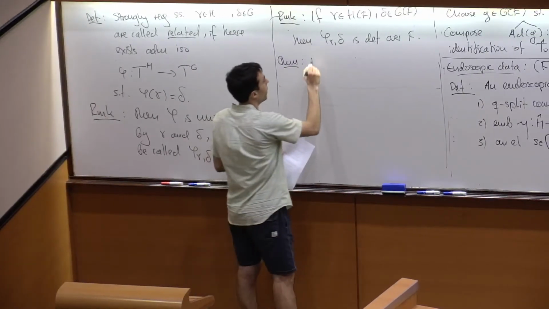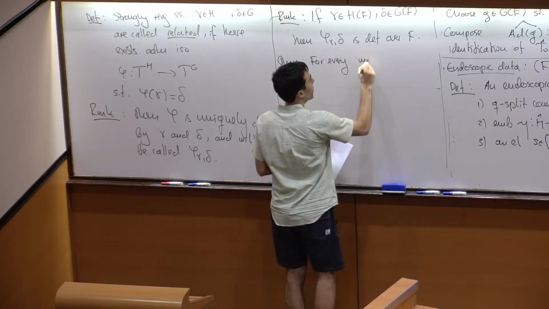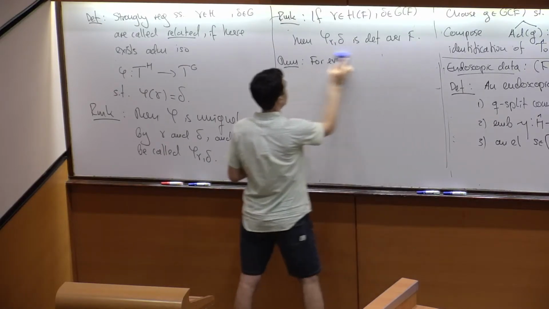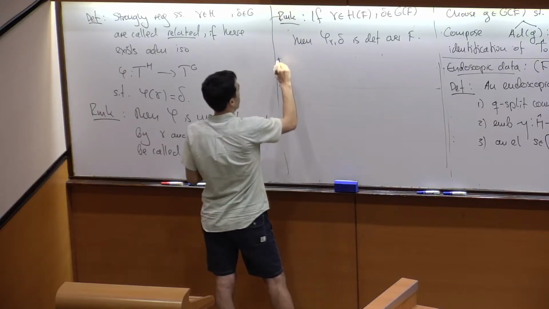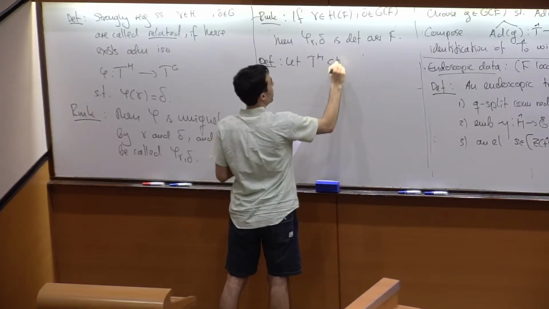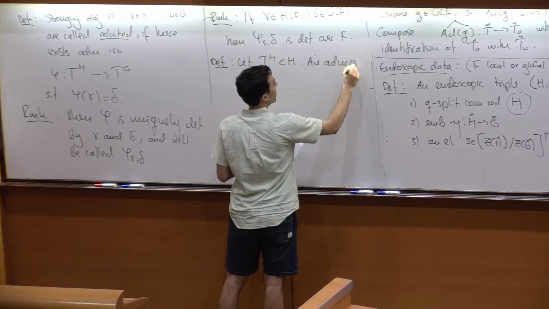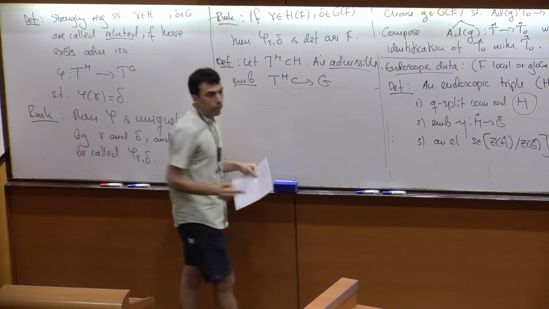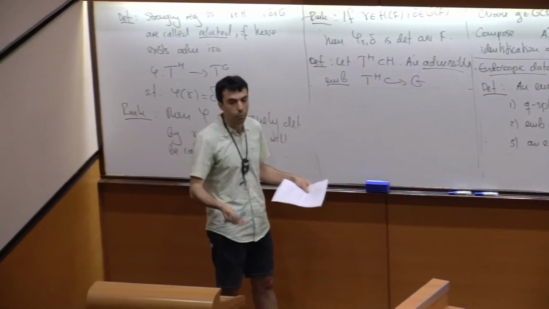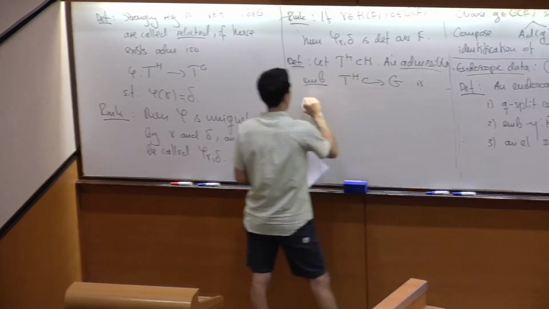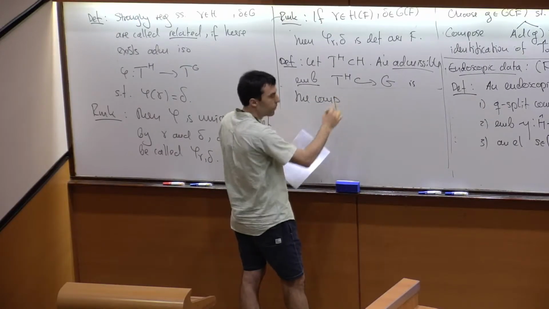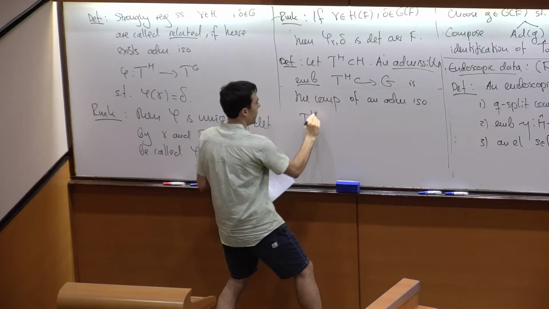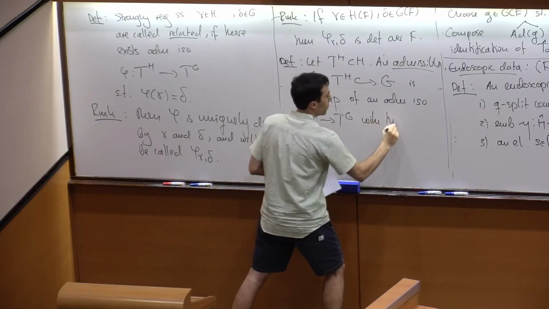All right, so here is a theorem that is going to be used later when we stabilize the trace formula. For every maximal torus, sorry, I want to make just one silly definition before we go on, which is, let's take a torus in H. An admissible embedding of the torus into G is nothing more than composing an admissible isomorphism with a torus in G with the inclusion of that torus into G. So it's kind of an empty definition, but it's useful as language.